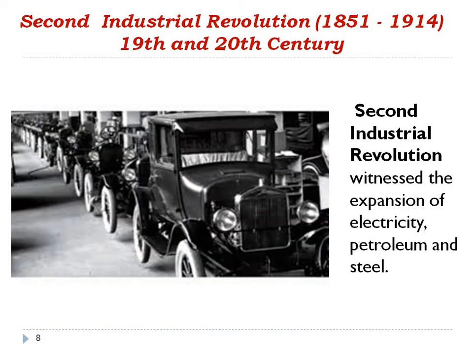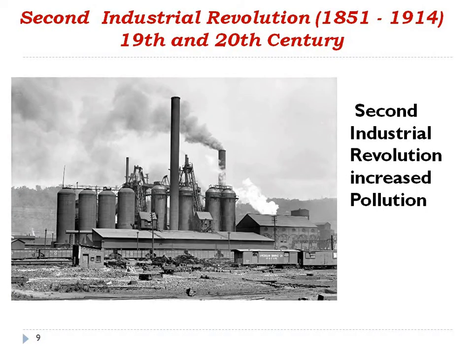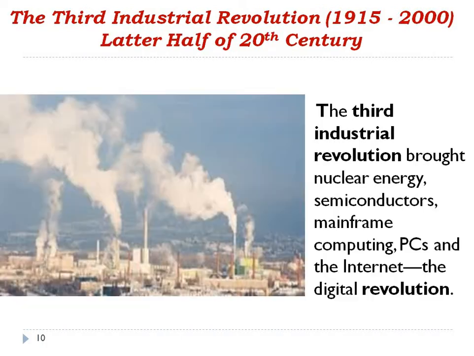A lot of petrol cars started flooding the roads, especially in Europe. And obviously the pollution started increasing. So that is the main effect of industrial revolution.